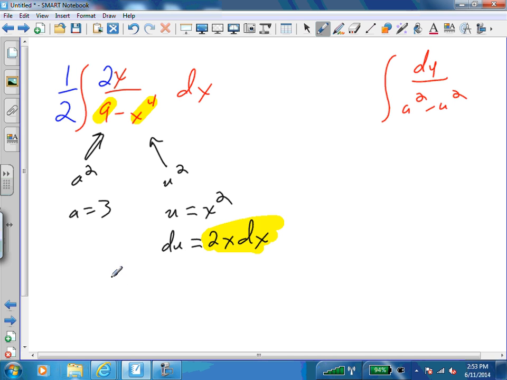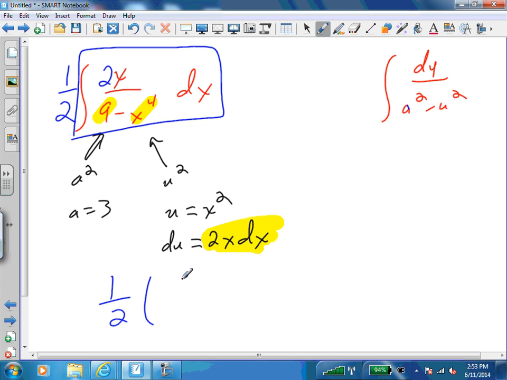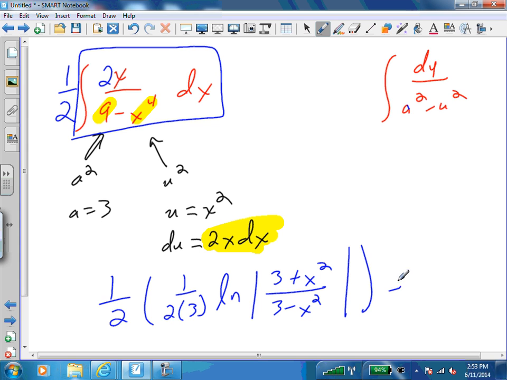So we have 1/2 the integral of du over a squared minus u squared, which if we compare that to our formula on 389, that integrates into 1 over 2 times a times natural log of the absolute value of a plus u over a minus u plus c.